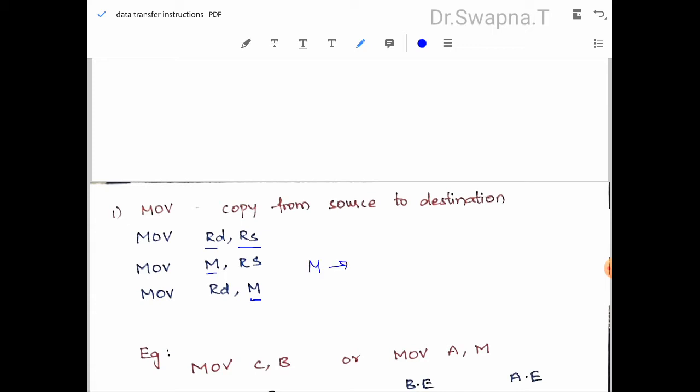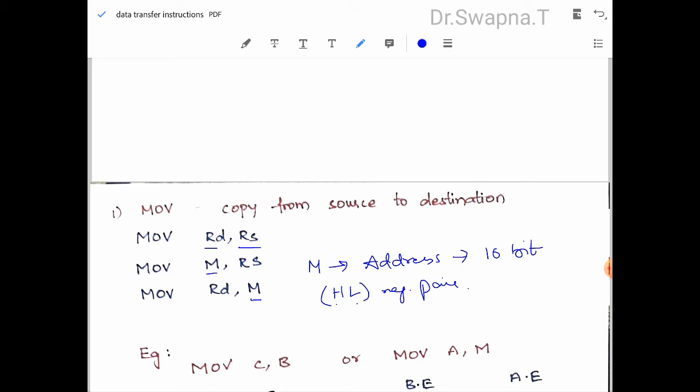M always refers to the address, which in the 8085 is 16-bit, and M always refers to the HL pair. The 16-bit address will be stored in the H and L register pair.